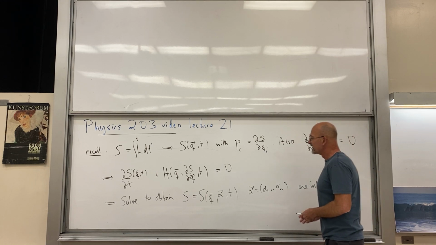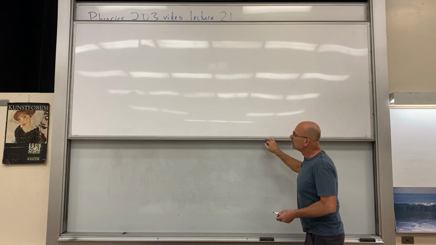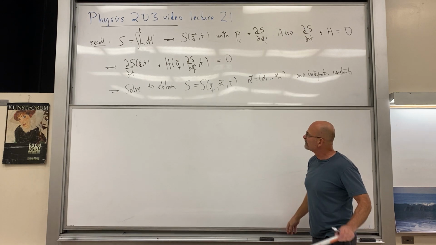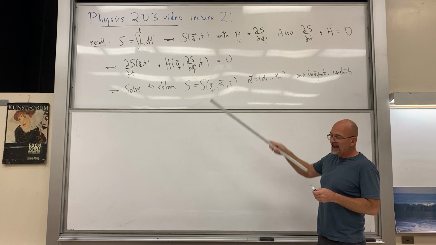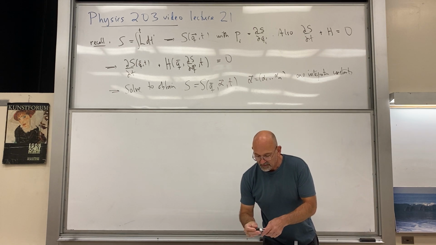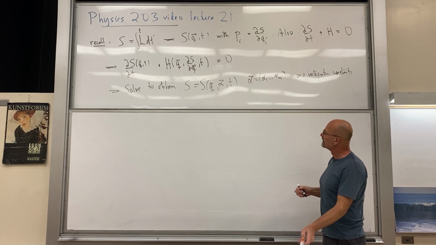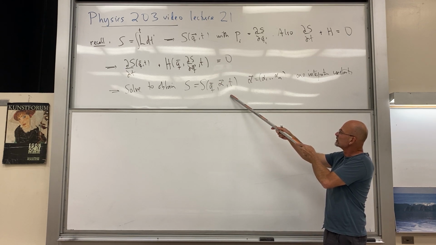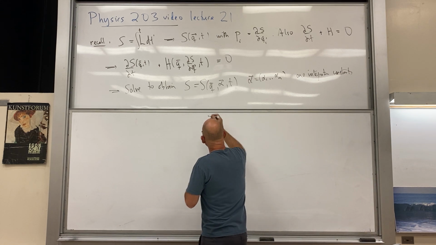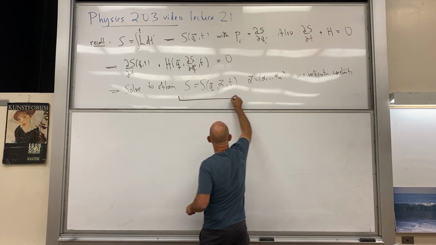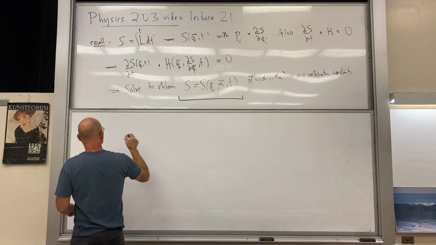Okay. Next, having obtained the solution, we interpret it as the generating function of a canonical transformation. And what we then find is the following.